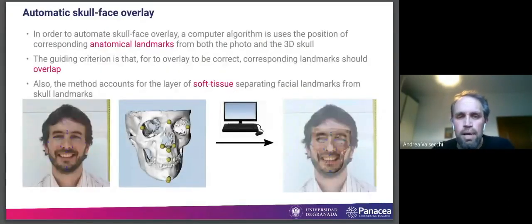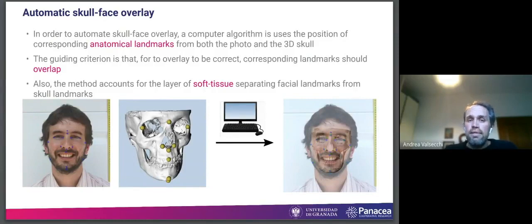So let me tell you about this process. The key difference of the automatic version is that in this case, we are employing a set of corresponding anatomical landmarks that are located on both the face in the photo and the 3D skull. And then the computer uses these landmarks to overlap.